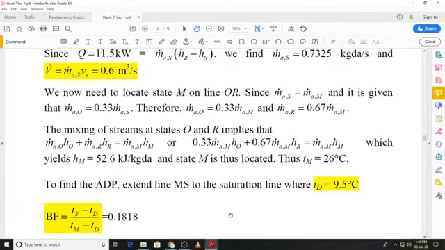We were asked to also find the apparatus dew point, and again that can be easily done because now we have both state points m and s.